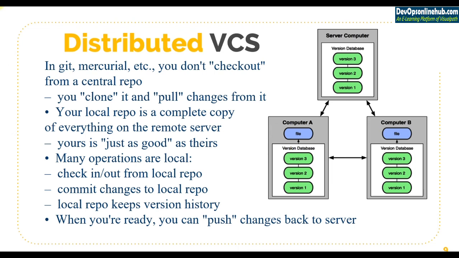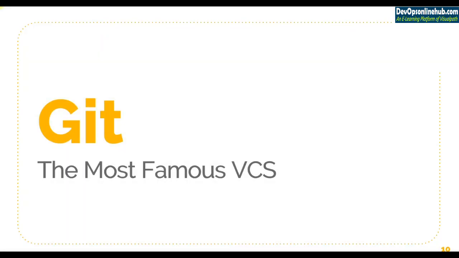And the most famous distributed version control system is Git. Initially, when you use it, Git may seem like a localized version control system. You can use Git for localized, you can use Git for distributed, and you can use Git for various purposes in version controlling. It's the most famous version control system out there because of its simplicity.